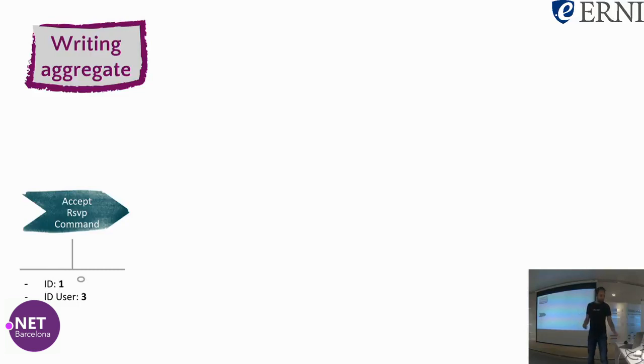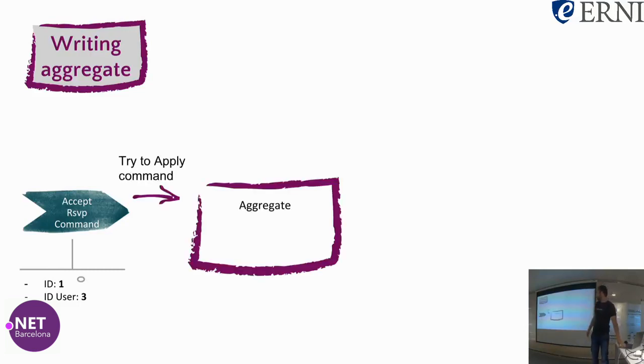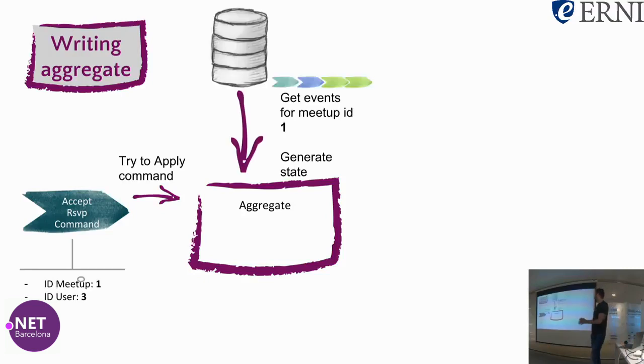How this works is pretty simple. First, we receive the command from a controller, from a console application, CLI, it doesn't matter. The aggregate first goes to the database and gets the stream of events for the ID that the command has. This gives us all the events stored related to this meetup, and it generates the current state, which is what we saw before.